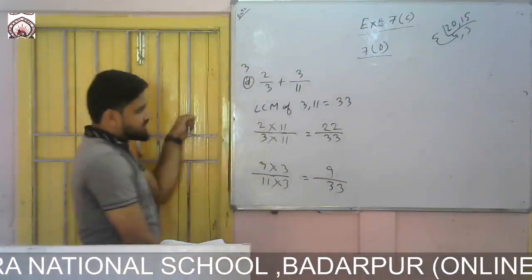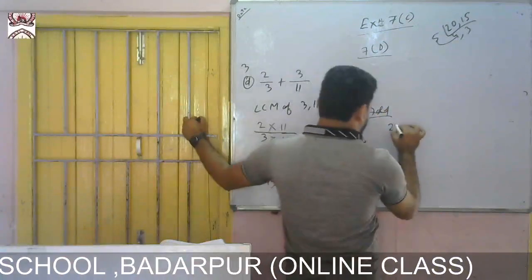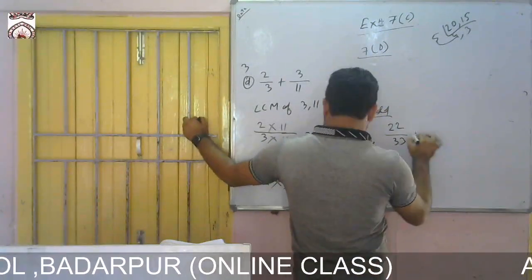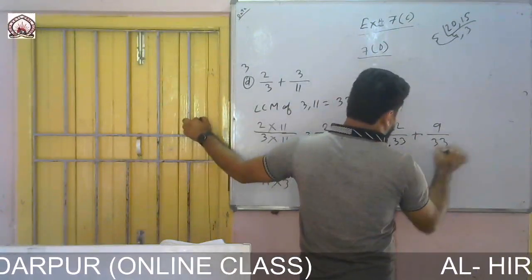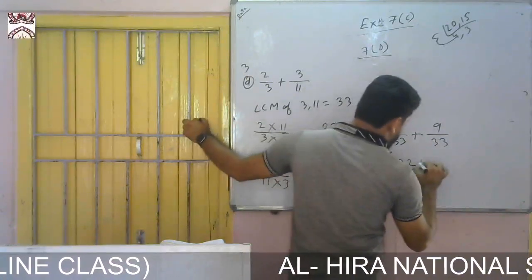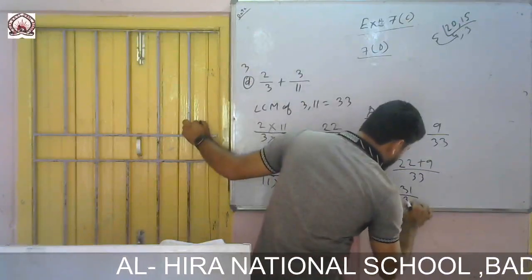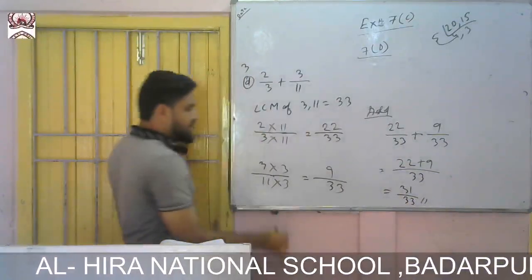Okay, so if we add, then 22 by 33 plus 9 by 33. If we add, then 33 stays and 22 plus 9 is 31. 31 by 33. This is the answer.